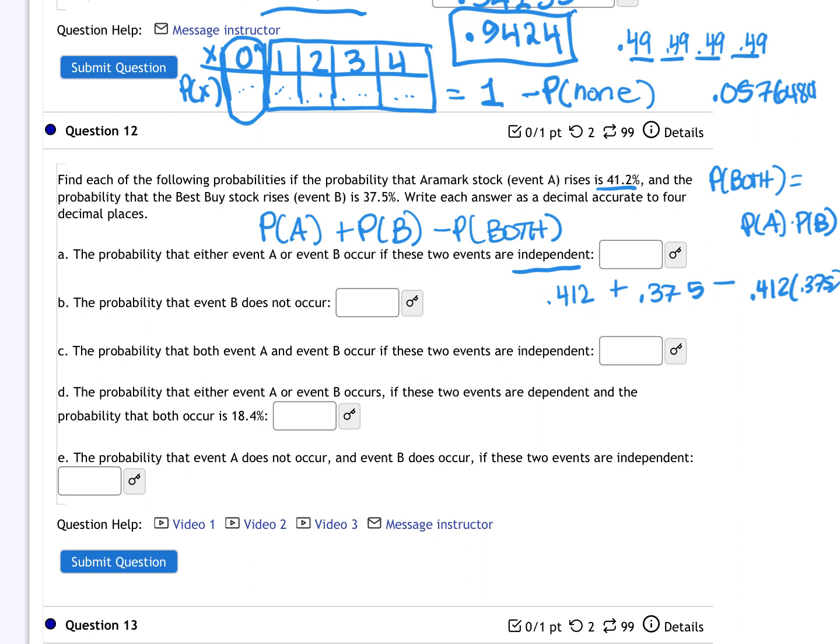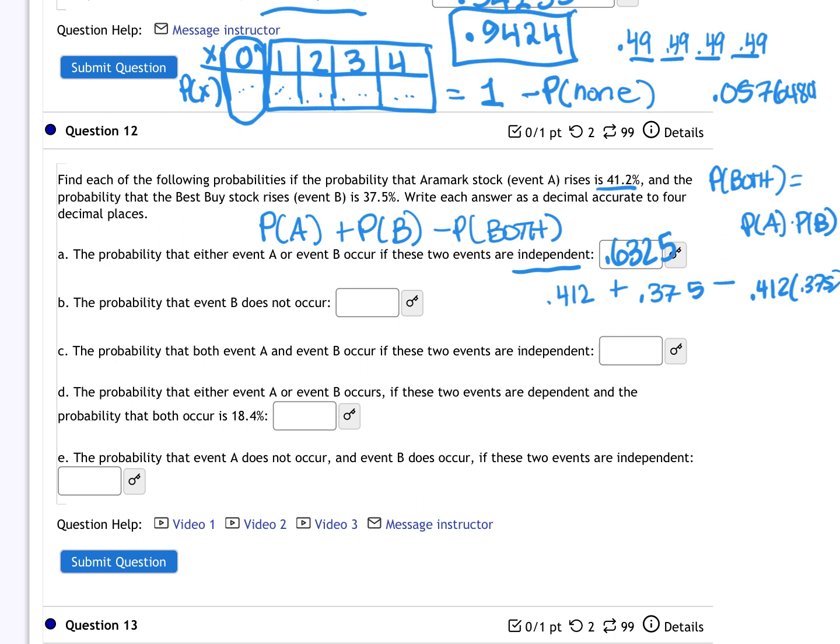When you're doing it, you count them twice. So if I go 0.412, sorry, I said 5, plus 0.375 minus 0.412 times 0.375, and this would be there. Right?